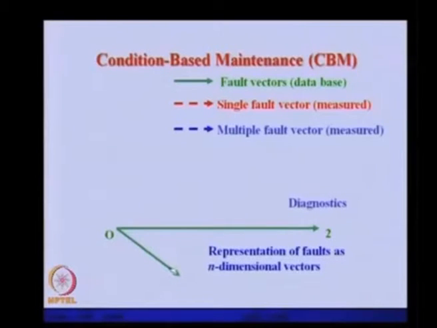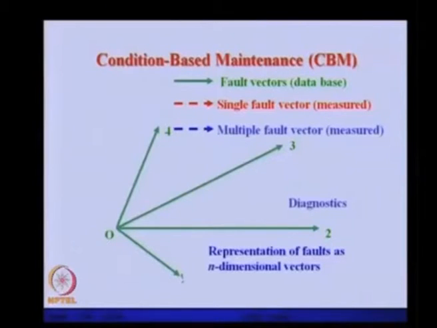So, the first one may correspond to one particular kind of fault. This one is for one kind of fault, this is for the second fault. Similarly, we can have the third fault state vector, and the fourth fault in the machine. So, we need to introduce this kind of fault, as I have shown earlier, with some kind of fault simulator in which we can introduce the faults one at a time and collect the data.